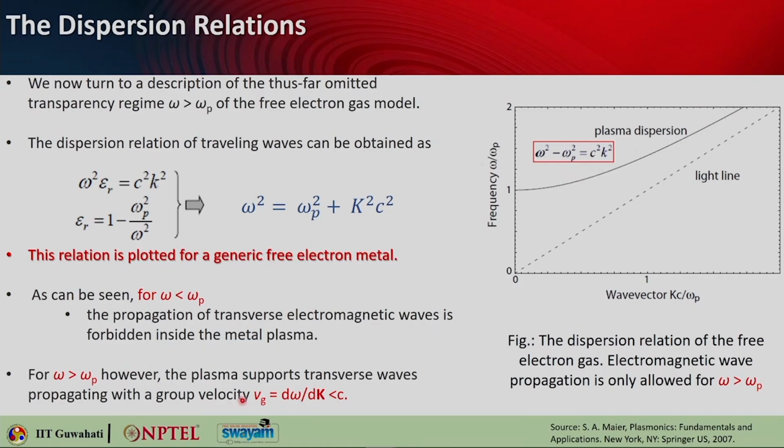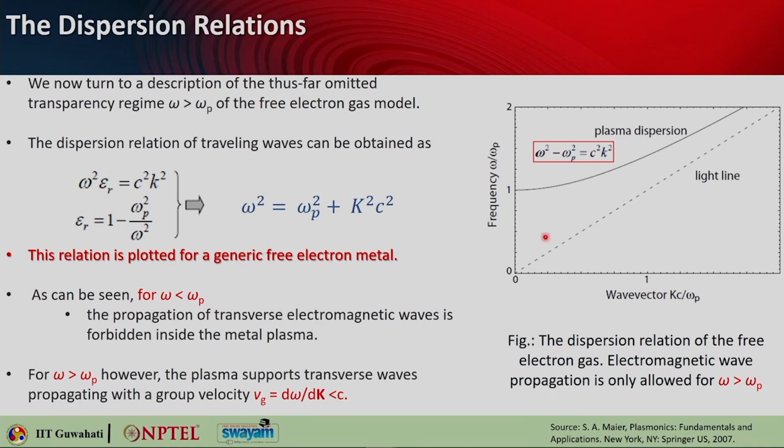And what will be the group velocity in that case? It is Vg, which is d omega by dk, and you can say that it is less than c. So this is the plasma dispersion.